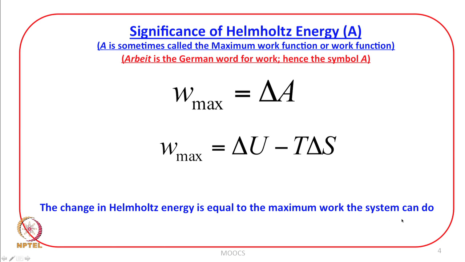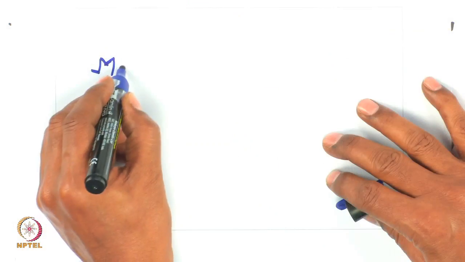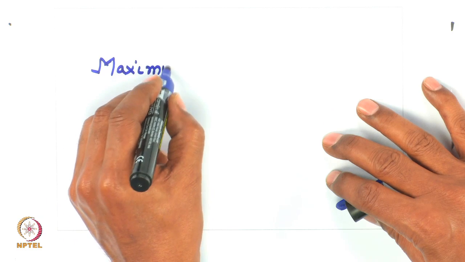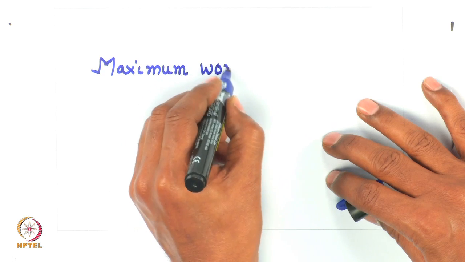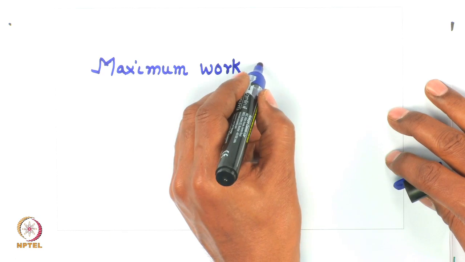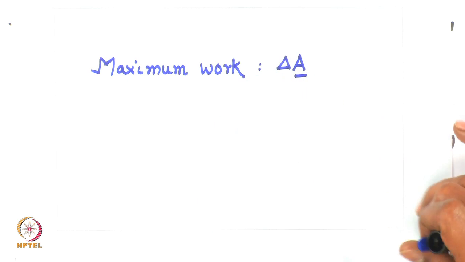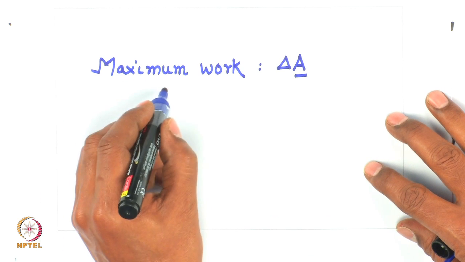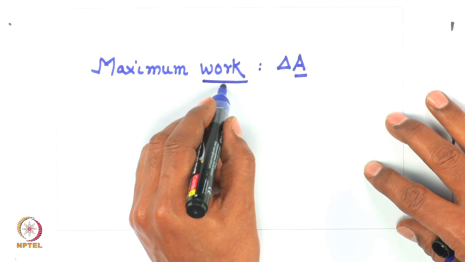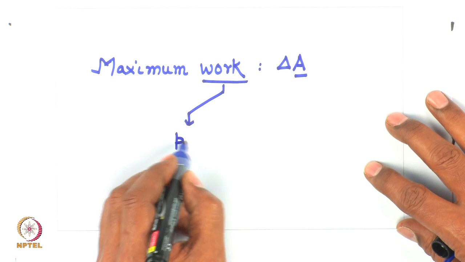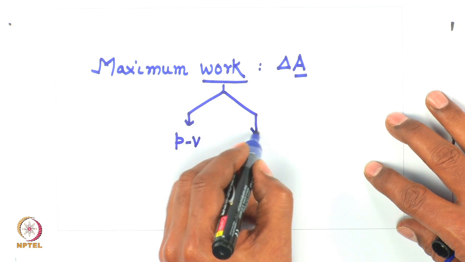Let me stress upon this point, that when we are interested in calculating maximum work, we have to act upon delta A. We have to act upon A and calculate its change, because maximum work, when I say work, is inclusive of pressure volume work and non pressure volume work.